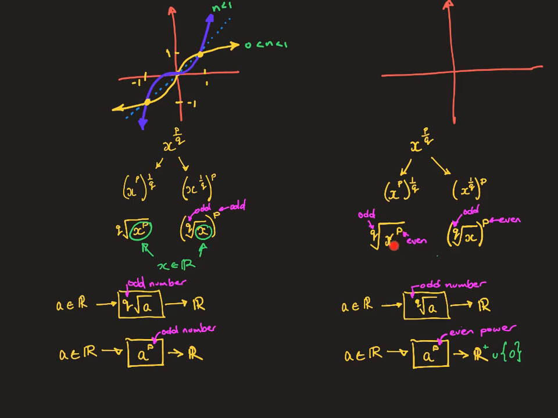So if we're raising a number to an even power, this could be like x squared, x to the power of 4, x to the power of 6. We can actually put in any value that we like for x in here. But when we find that power first, we can put any value we like into this function here, but we're only getting positive values and 0 coming out.